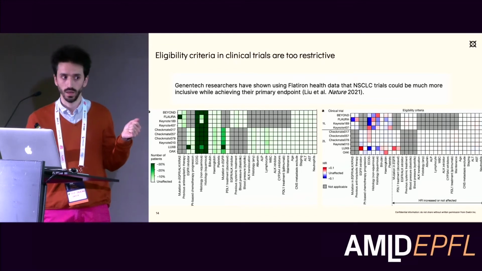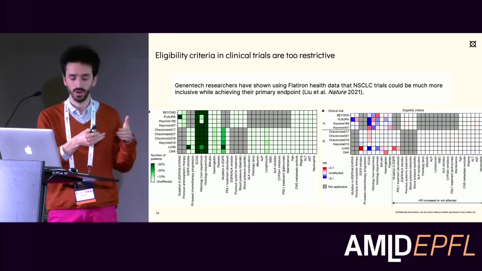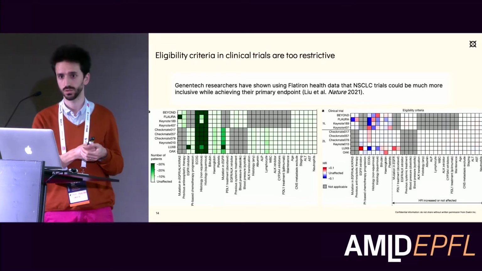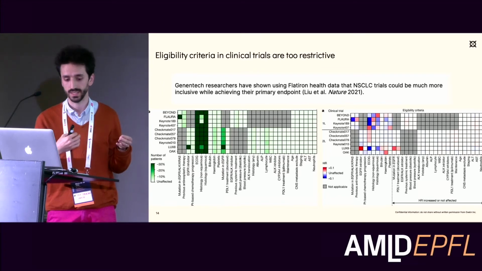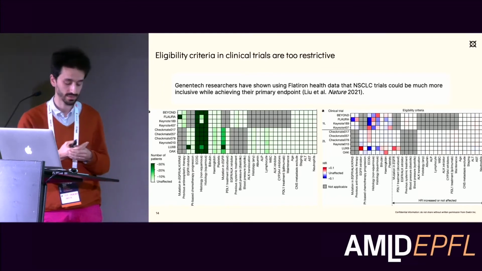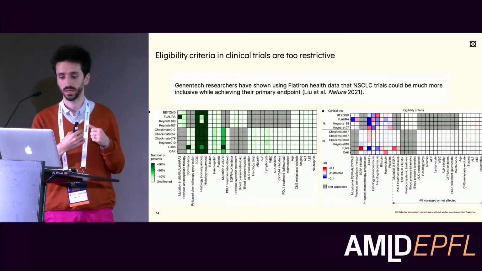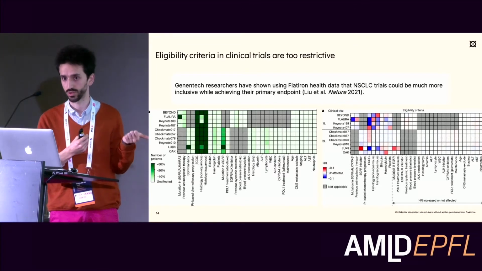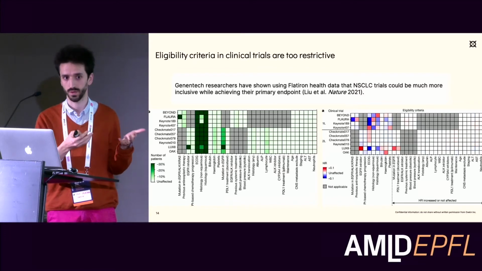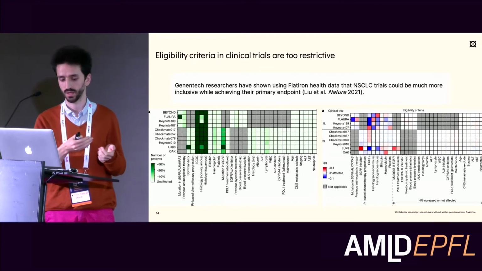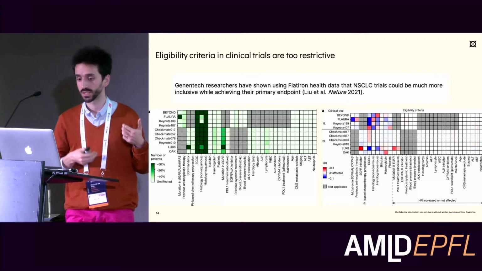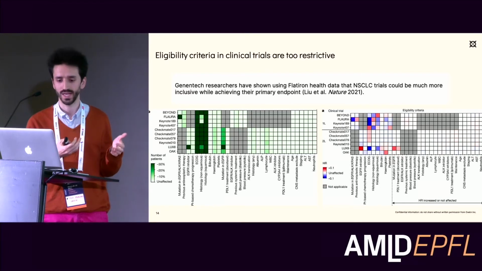We've made it very hard for patients to get into clinical trials, and that's a problem for different reasons. One of them is it's getting hard to recruit patients in the trials, and some trials fail because they can't enroll enough patients. There's also a question of generalizability.